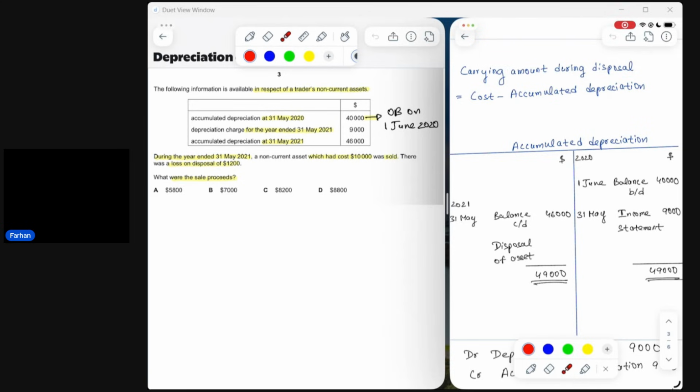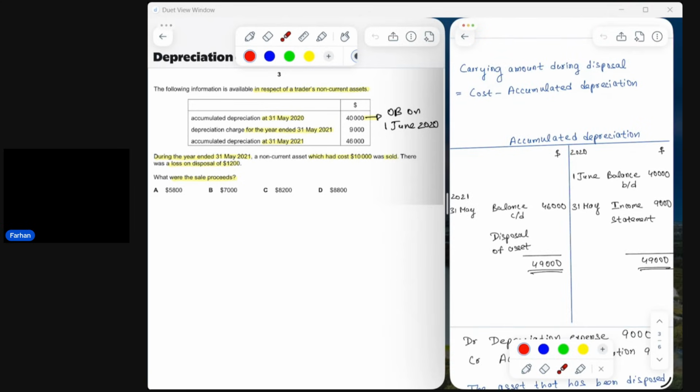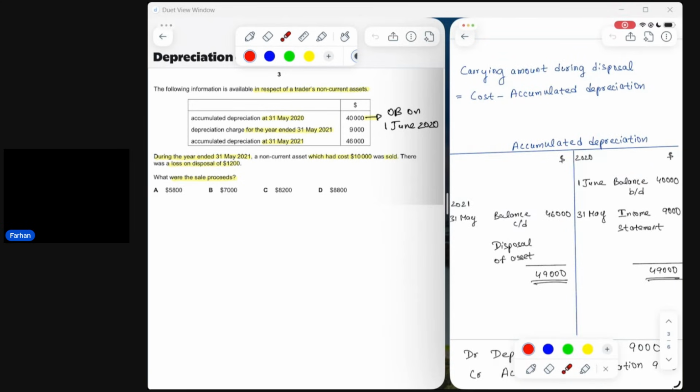So we can see that on the 1st of June 2020, on the credit side of the ledger account, we are including the opening balance, which is balance brought down, B/D, of $40,000. And then at the end of the financial year, which is at 31 May 2021, we are including the closing balance, which is balance carried down, C/D, of $46,000.